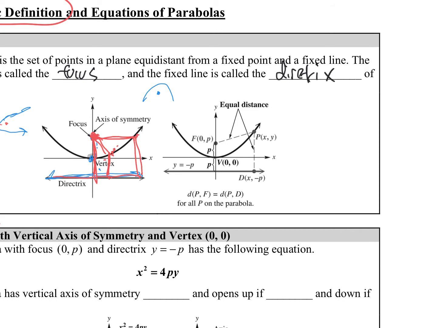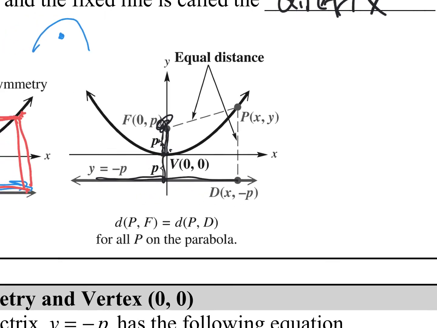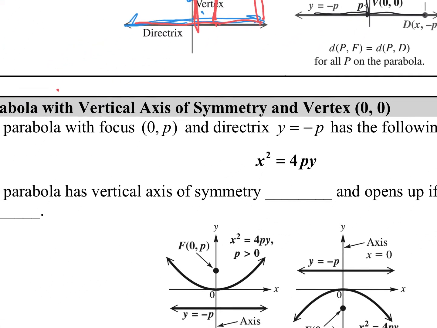So now if you go to the next picture, we've labeled that distance between the focus and the vertex, called p. P is just a number. It's a distance. So once we identify p, we go to the vertex, and in this case, we go up p distance to find the focus. We go down p distance to find where we're going to draw our horizontal line. All right.